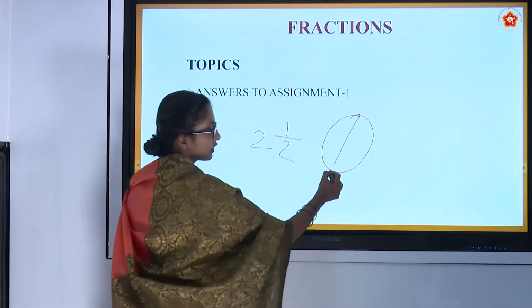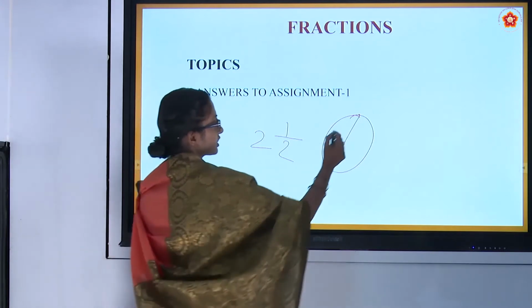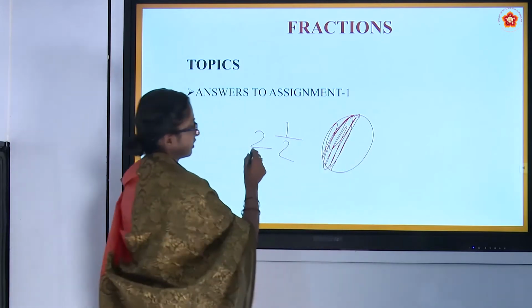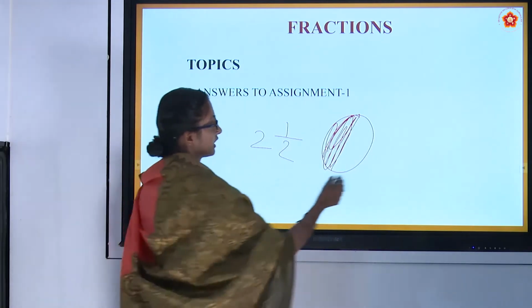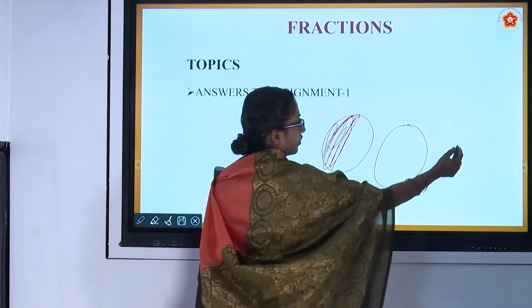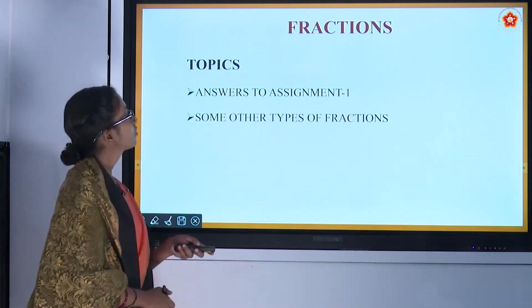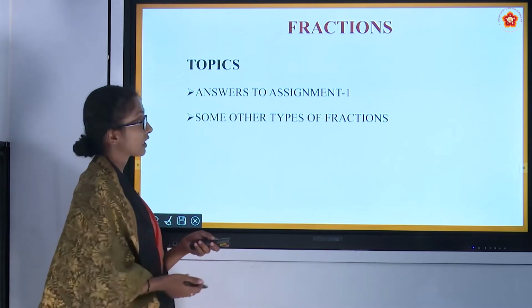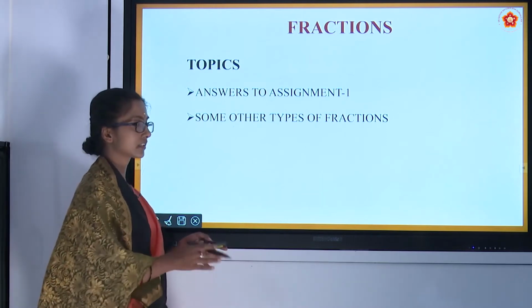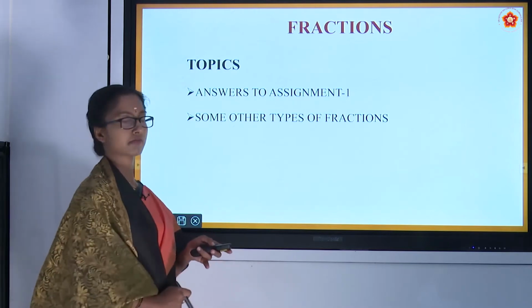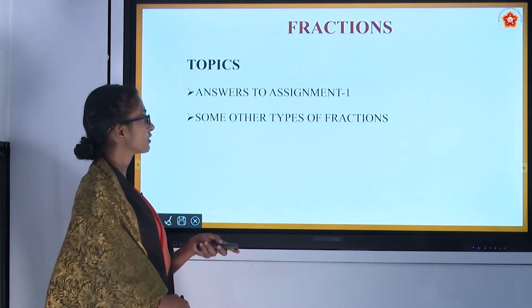The whole is divided into 2. 1 is shaded. In the other part, they are saying 1, 2, the other 2 parts. Fine. Today we will study some other types of fraction. Other than proper, improper and mixed, there are still some types of fractions. Today we will go to that.